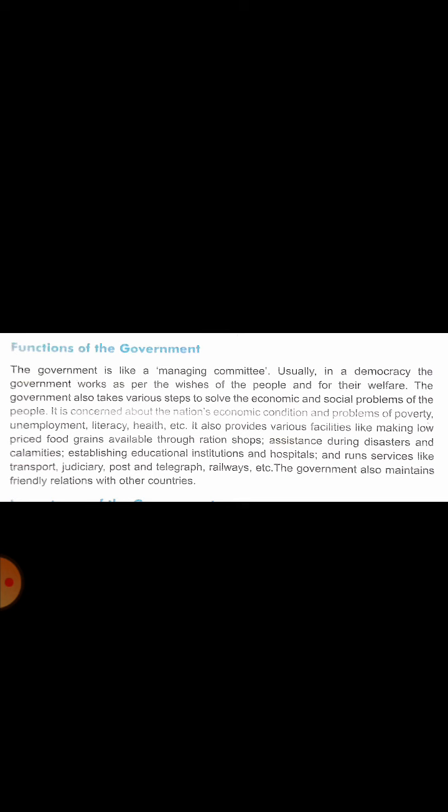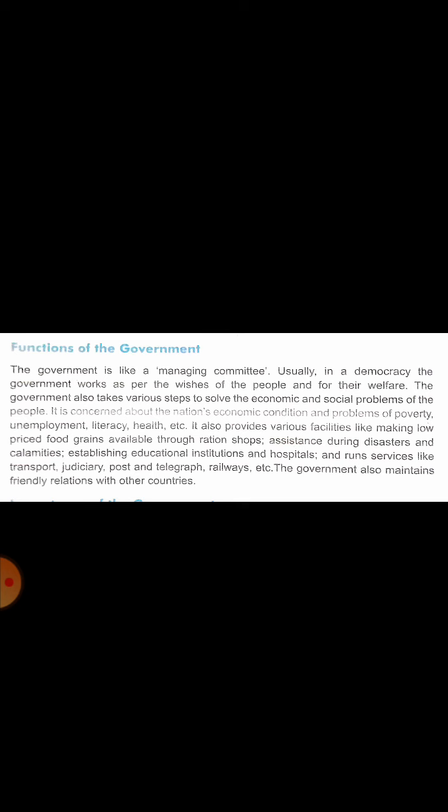It is concerned about the nation's economic condition and the problems of poverty, unemployment, literacy, health, etc. So any matters related to economic conditions, poverty, unemployment, literacy, health related issues. Wherever a human being's problem is there in a country, it is the government's responsibility to take care of them.